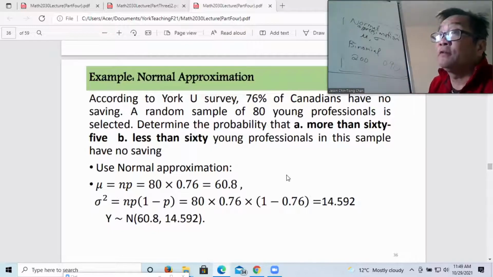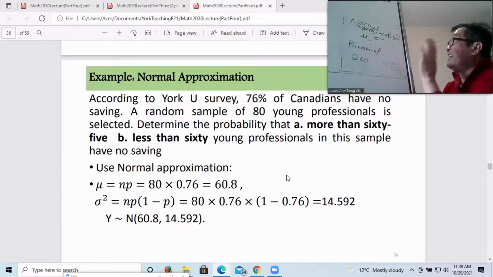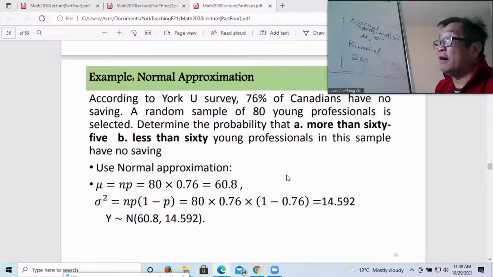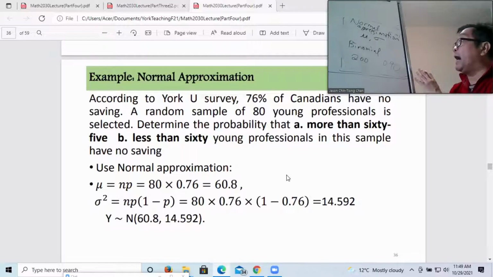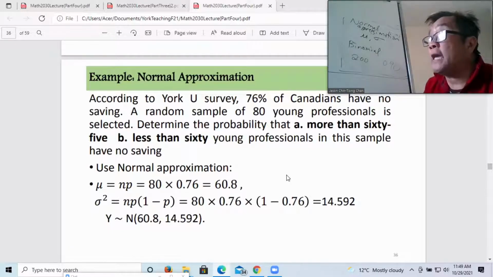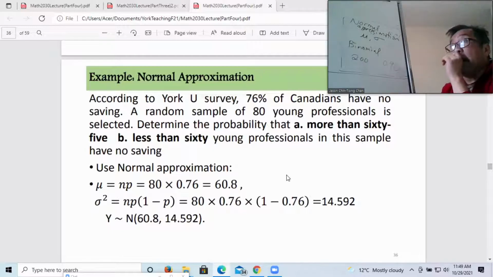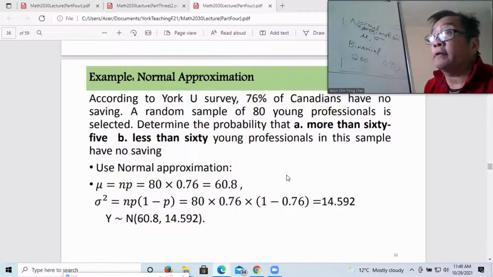Not meow, mu. I make it simple, 200 students. In the past, 90% of the students got A. So how many students do you expect to get A in this class?